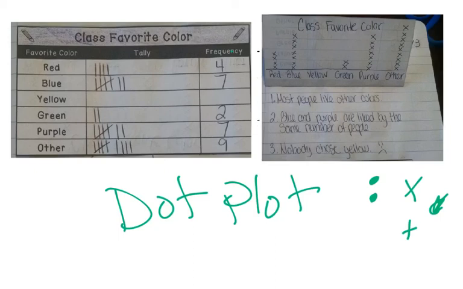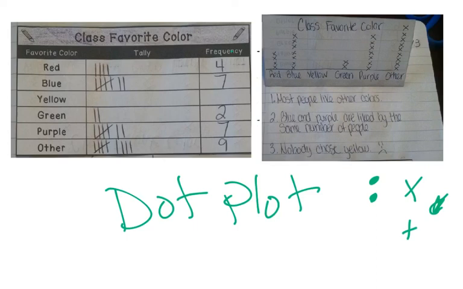So what we can determine by looking at this table is that, for one, most people preferred a different color other than the ones that were listed here. So maybe they liked black or orange or magenta or some crazy color not listed. Brown, who knows. Anyway, so most people preferred another color.